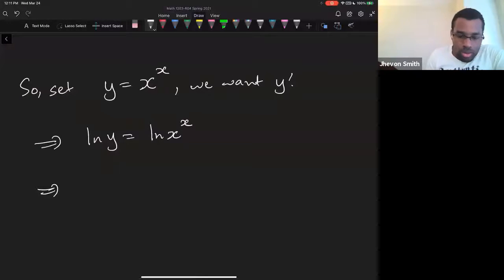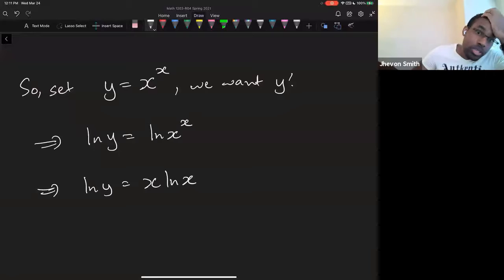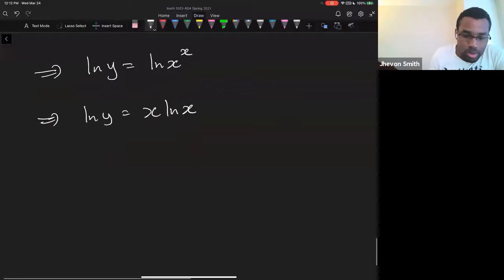Now what I can do is stop the power from being a problem. Having the log there allows me to bring that power down into a multiple, into a product. And I happen to know how to differentiate products. This is no longer an issue. We have the product rule. So this means I can differentiate both sides.